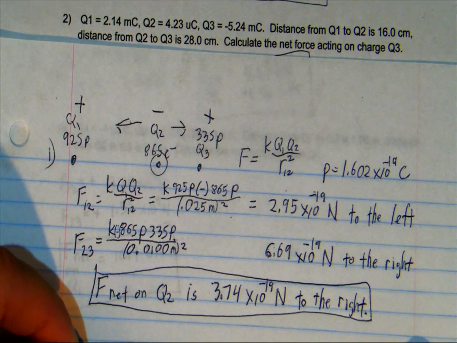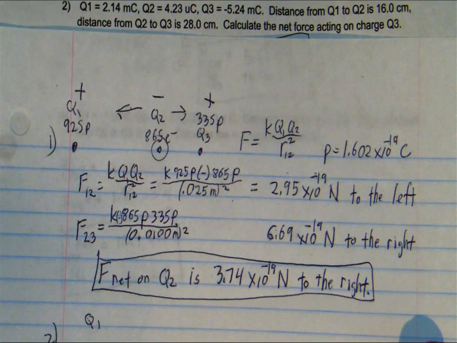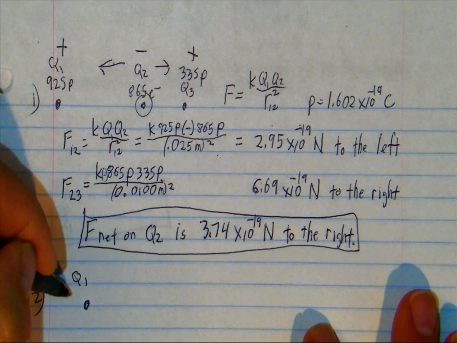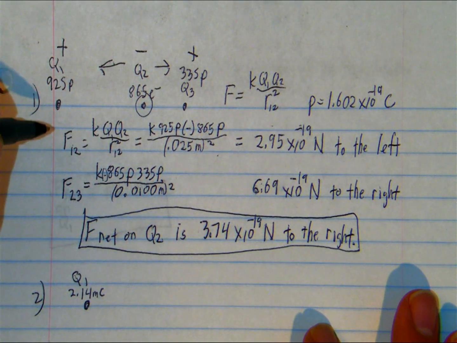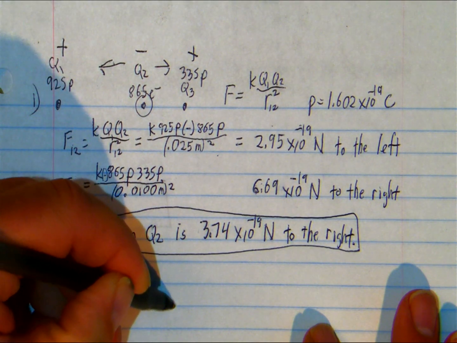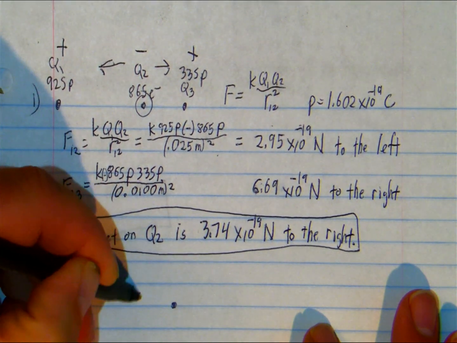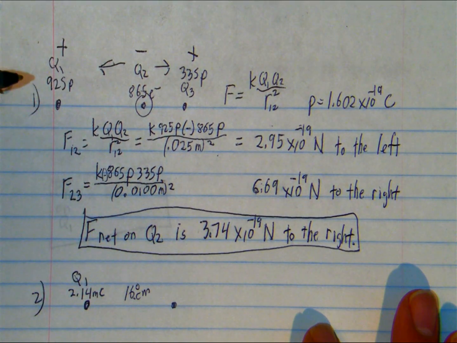Okay, so do a little sketch and annotate it with the information. I'm always putting Q1 on the left, and it says this is 2.14 millicoulombs. And then I go a distance, we'll call this 16 centimeters, and 0.0, by the way. So everything is provided to you to 3 sig figs.